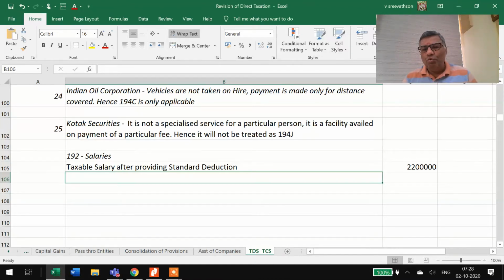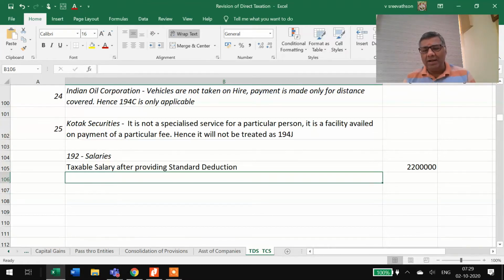Because 192 is a specific section. In 192 and all the non-resident provisions, you add the educational cess and surcharge if applicable. Otherwise, everything is base rate; we are not adding.